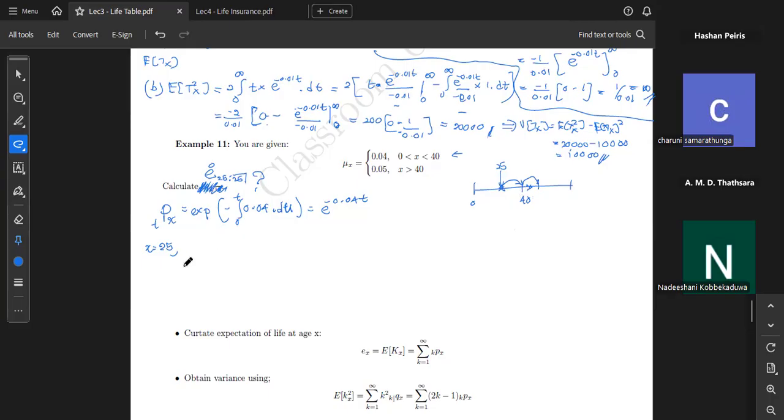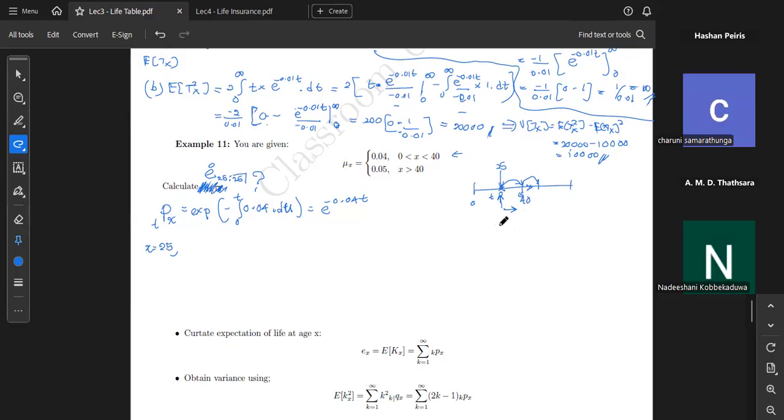Because of that, our T, the future lifetime, starts from this point and goes towards positive infinity, so that T is 0 at age 25, and at age 40, T is 15 and beyond.